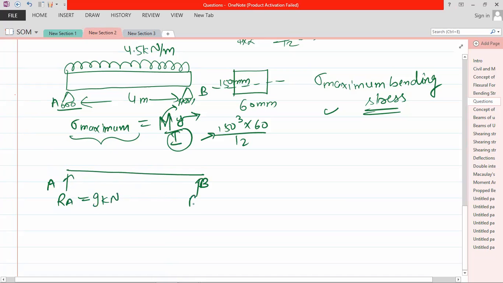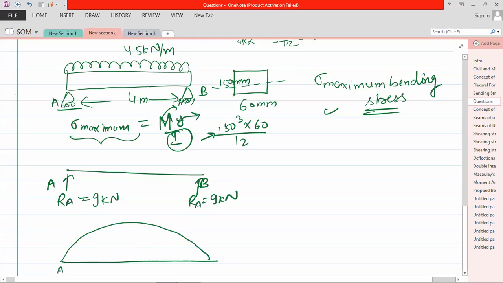It is also 9 kilonewton. Can anyone confirm it is okay? Okay, it is 9. Now, if you draw the bending moment diagram, I hope everyone remembers it. It will be parabolic in shape.